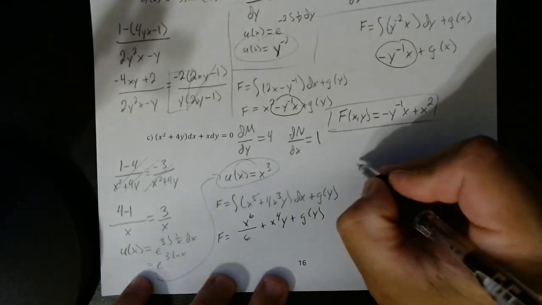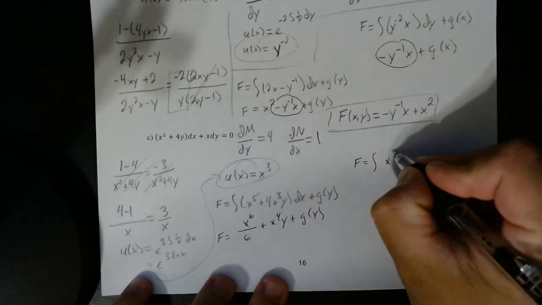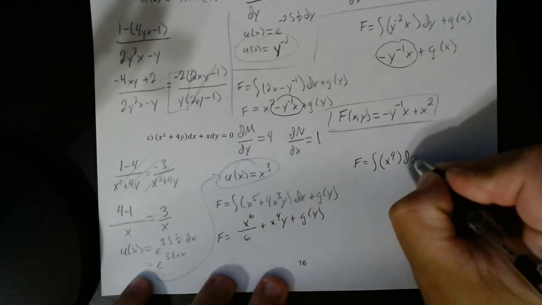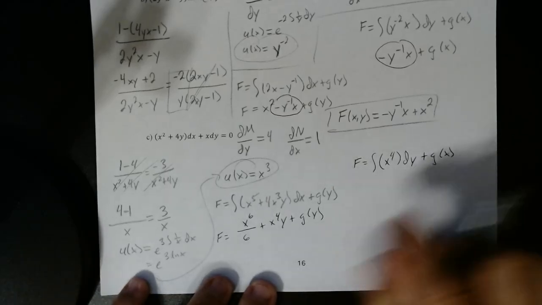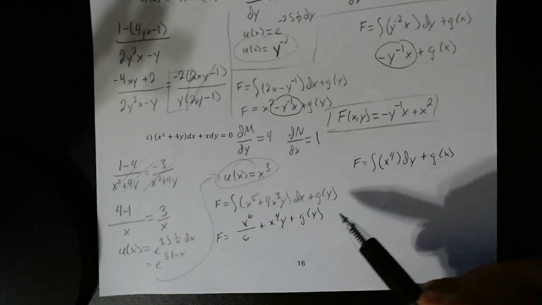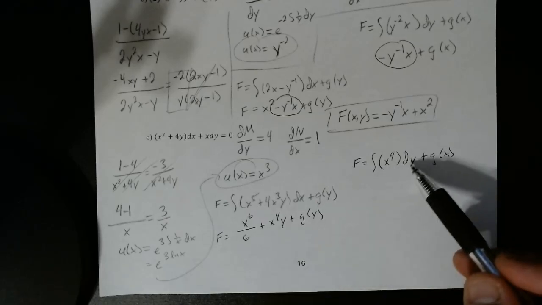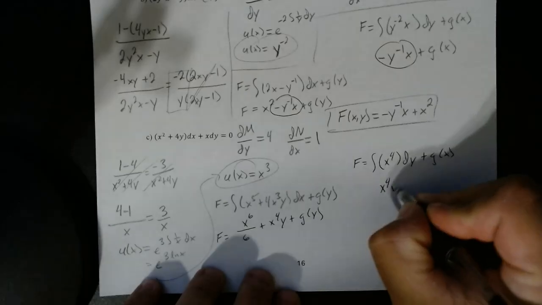And on the other side, that's going to be x to the 4th. So if you notice, all you do is follow the process and just remember what you're actually integrating. In the situation here, for example, we're integrating with respect to y, not x, which means it's just going to be a constant.